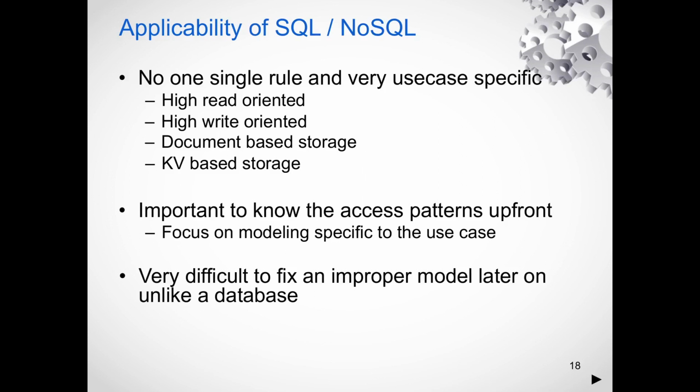And folks, make no mistake about the last bullet. If you get started with a particular model without really thinking it through, making changes to that model is really hard as we move forward. So you most likely will have to create another table and do data migration from the older table to the newer table. Table and model, these two are again synonyms, at least in the world of Cassandra.